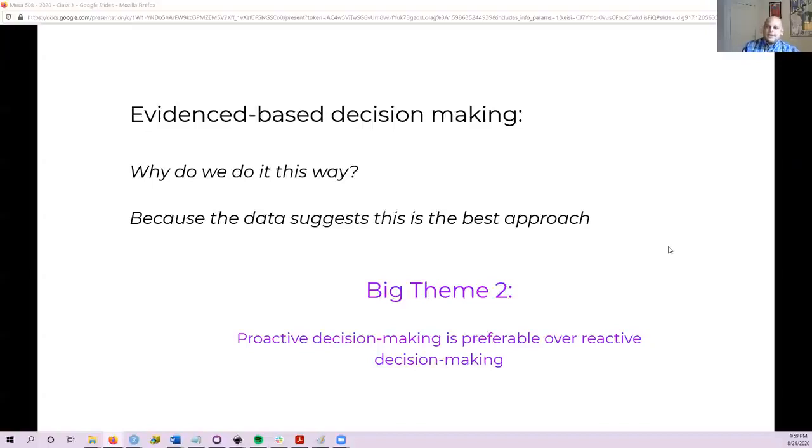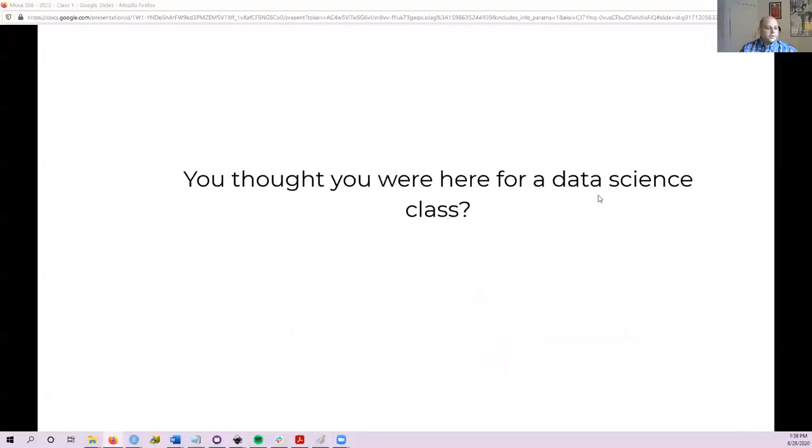Proactive decision-making is the algorithm that can detect people who are at risk of homelessness, can detect buildings at risk of falling down on people's heads. This level of proactive decision-making is enabled by the kinds of data science skills that we're going to learn in this course.